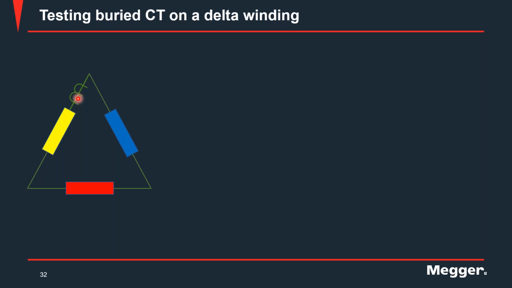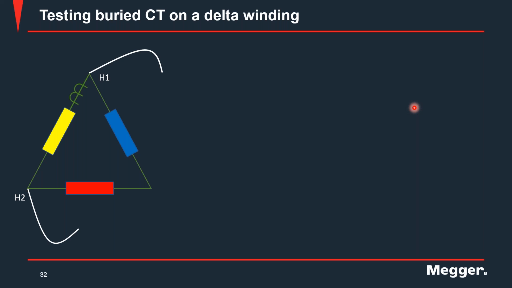So when you have to test this CT, the way it's different in this case is the CT, because it lies inside the delta, is basically present inside a closed loop with the three windings. To test this CT, what you will do is you'll connect your primary leads.